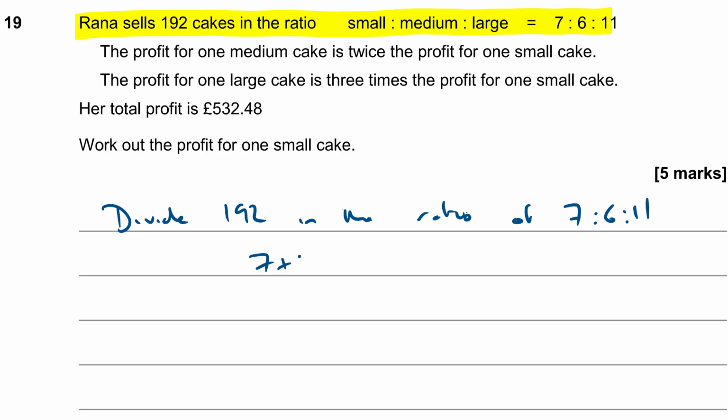So 7 plus 6 plus 11 tells us there must be 24 shares. Okay, so then we're going to divide our 192 by 24 to work out the value of each share. So 192 divided by 24 gives us an answer of 8. So each share is worth 8.